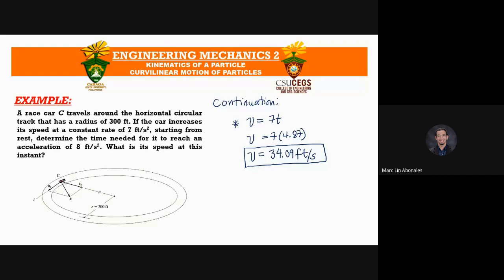So if you notice, mas smooth or mas dali ang solution in terms of this problem kay tungod ang equation nato is using the same equation sa free falling bodies, and for the time needed to reach the acceleration of 8 feet per second squared, that is 4.87 seconds, and the speed kung asa ma-reach niya ang 8 feet per second squared also is 34.09 feet per second. Okay? So that is for the second example.